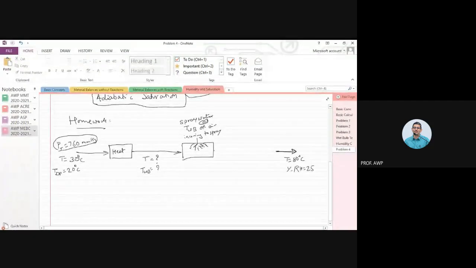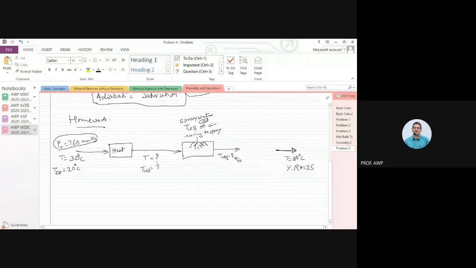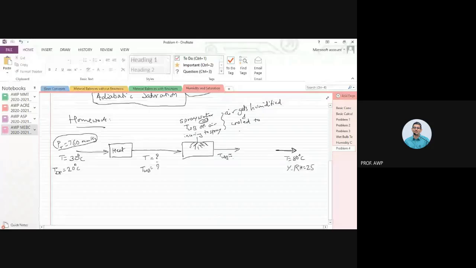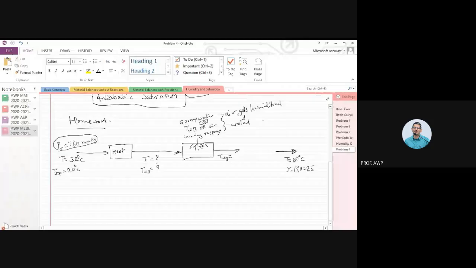So this wet bulb temperature will remain the same as the incoming wet bulb temperature because it is going to cool. Air gets humidified and cooled along the TWB line.